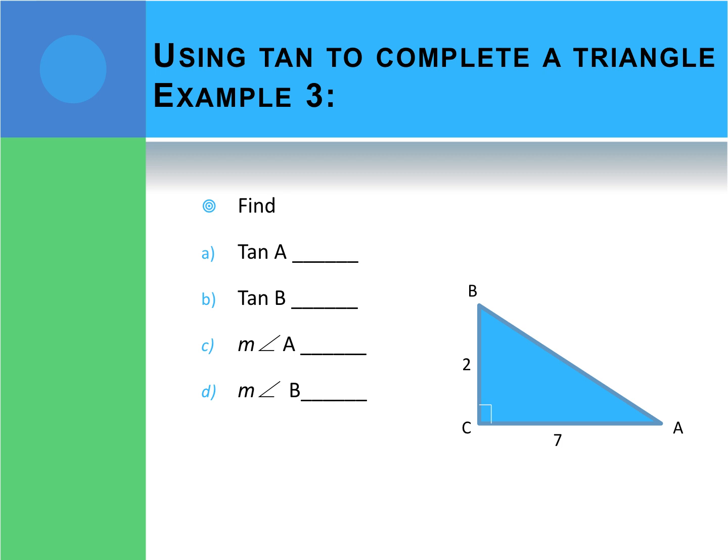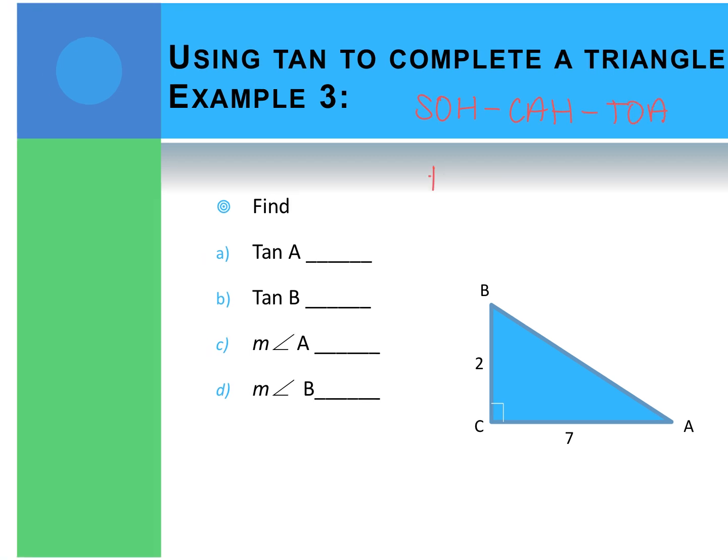Looking at this example, again, I'm just gonna write my SOHCAHTOA. And I'm using tangent, and we know that tan is opposite over adjacent. I'm gonna go ahead and label my hypotenuse. And again, that does not change.